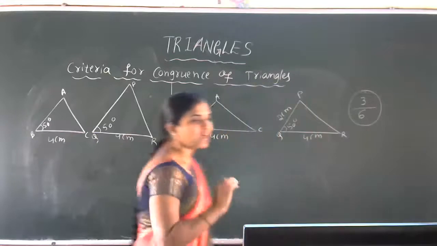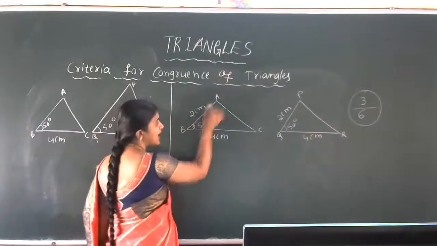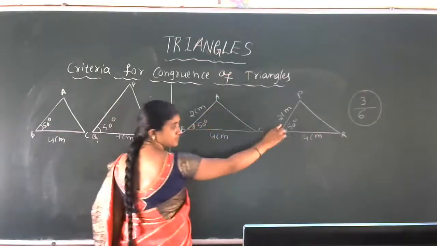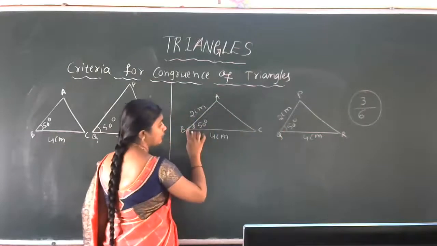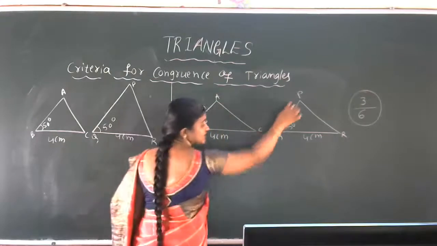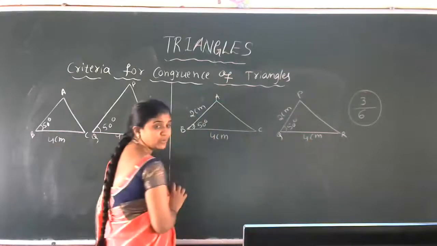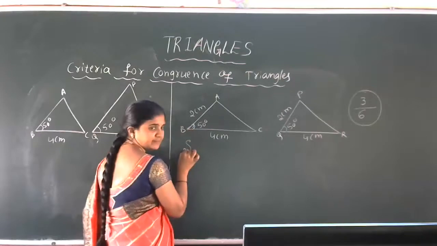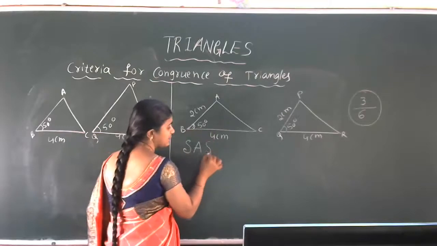Now, are you observing one criteria here? What type of criteria? One side we are covering here: AB side which is equal to PQ side. Then angle ABC which is equal to angle PQR. BC side which is equal to QR. So first we are covering one side, second we are taking one angle, and third we are taking one more side.